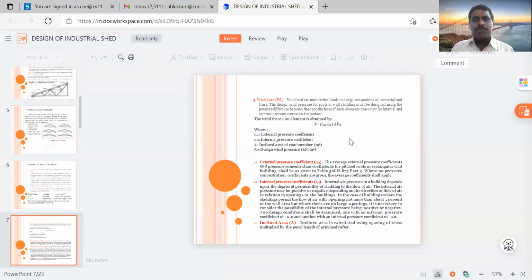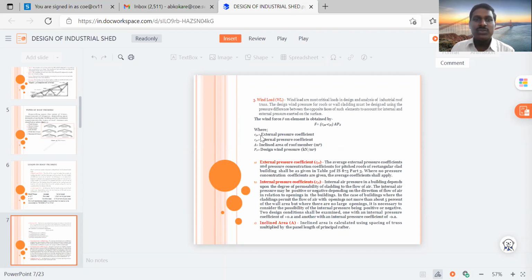Okay, so finally we have to calculate wind force. How to calculate wind force? There is a formula for calculation of the wind force. Force F is equal to (CPE minus CPI), the external coefficient of pressure minus the internal coefficient of pressure, into the area of the truss, into the design wind pressure.